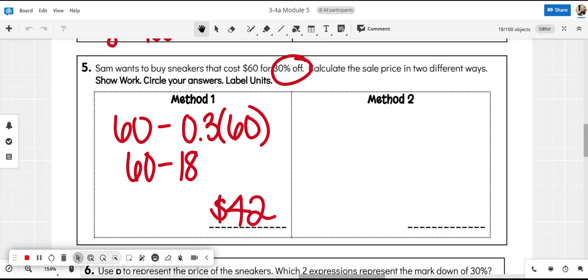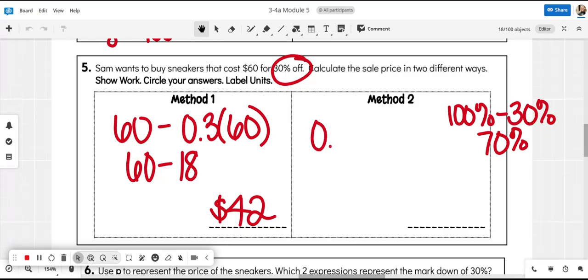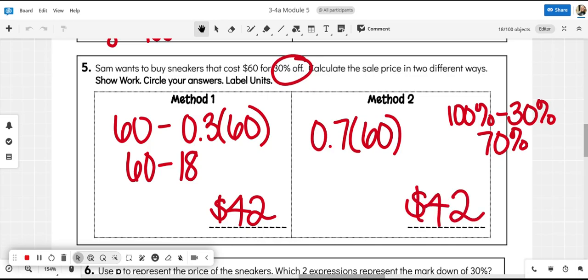All right, method 2. If I get 30% off, what percent are you paying? So we're paying 70%. Thinking about 70% as the decimal, 0.7 times 60, which is also 42. Make sure you know how to do both of those methods.